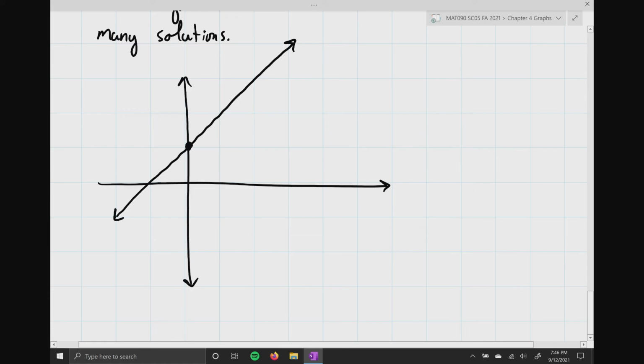The name of this line is negative x plus y equals 1. Now, if I could take a point and plot it on this line, such as that point right there, this ordered pair, and that is the ordered pair 0, 1, that is a solution to this equation in standard form that we have above.